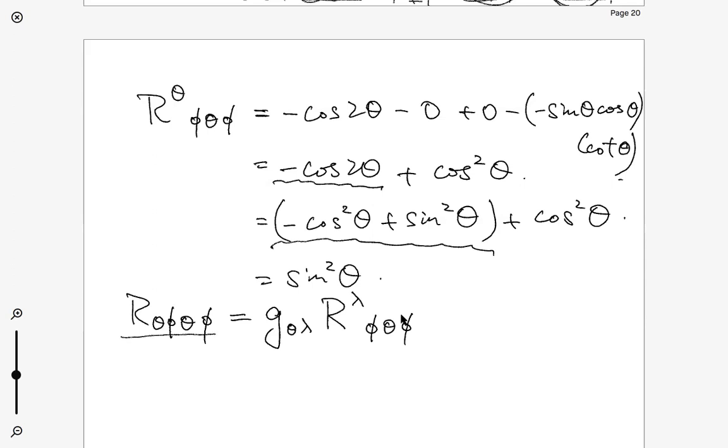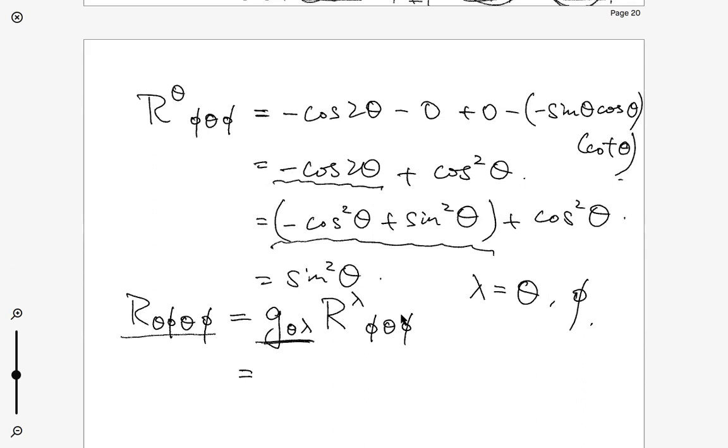I hope you're familiar with this kind of raising and lowering indices. Again, it's contracting, right? Lambda is contracting with itself. And lambda here is supposed to run over theta or phi, right? But this is the metric.